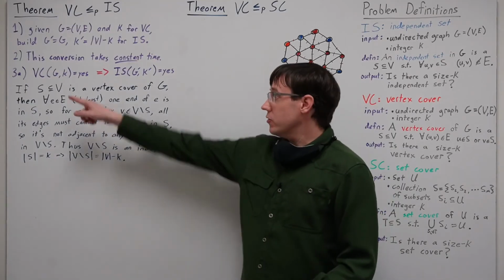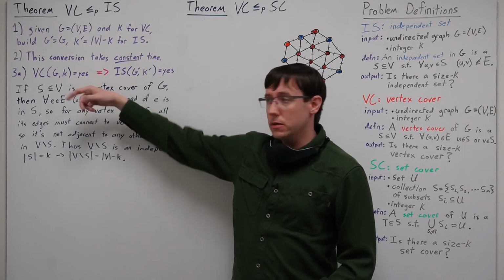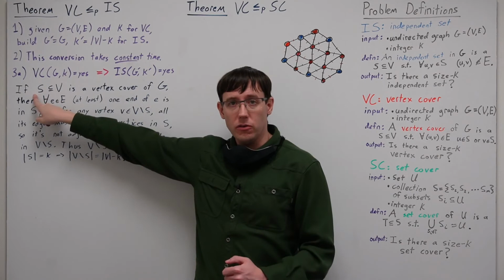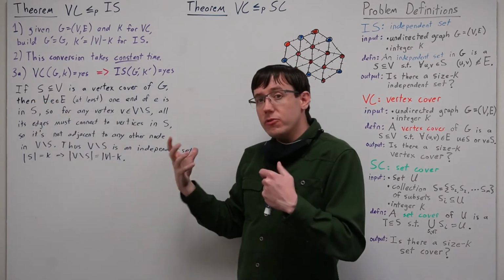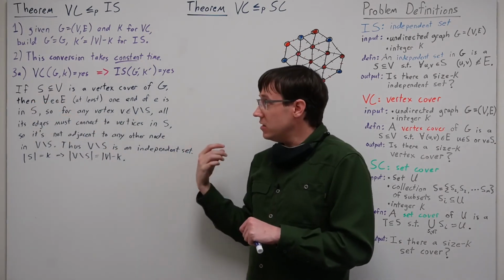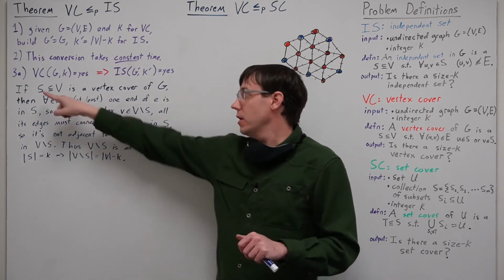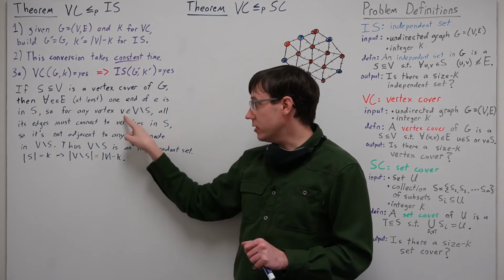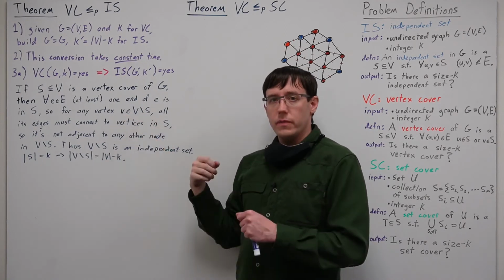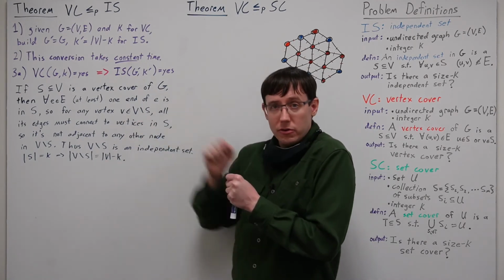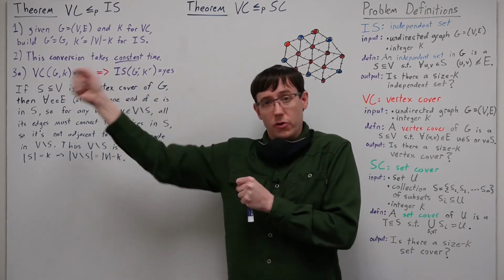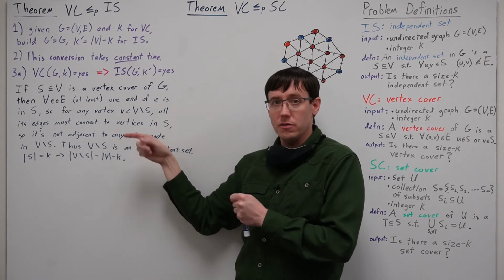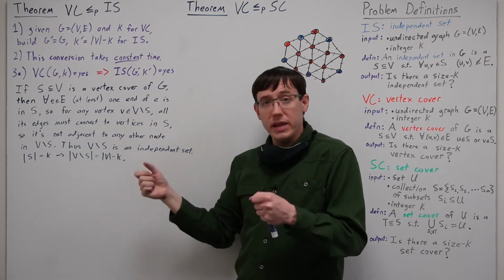So if the answer to the original problem was yes, then we have a size k subset S, and we know that for every edge in the graph, at least one end of that edge is a vertex in S. So if we take any vertex that's not in S, all of the edges that that vertex has must have their other end in S. And so no two vertices in the rest of the graph can be adjacent.